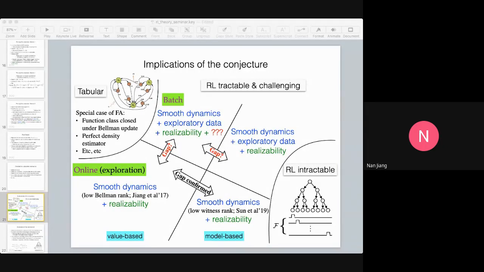My guess is that then you get away with just the realizability because you're essentially doing something like the double sampling stuff, right? I skipped this part in my slides. If I have access to double sampling, then I immediately get polynomial sample complexity with realizability, because now I can directly estimate the Bellman errors, right?